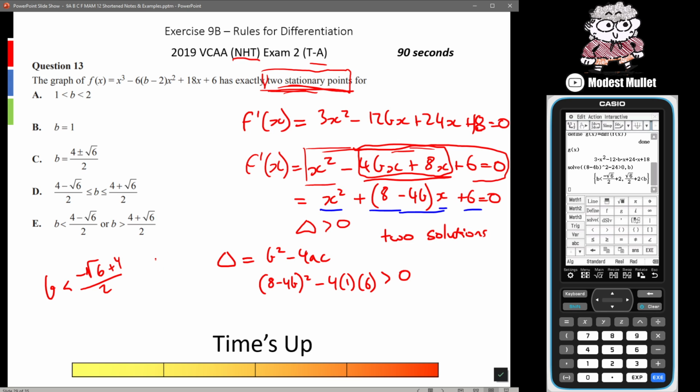We get b needs to be greater than, the way it's coming out of the calculator, root 6 on 2, that'll be a plus 4 up the top.